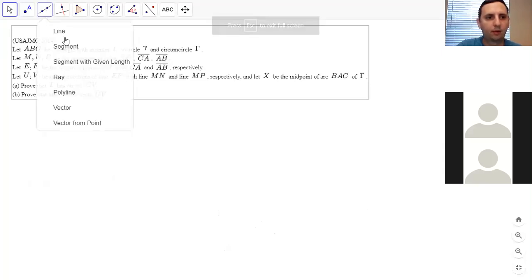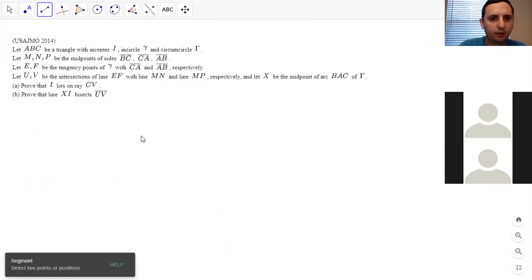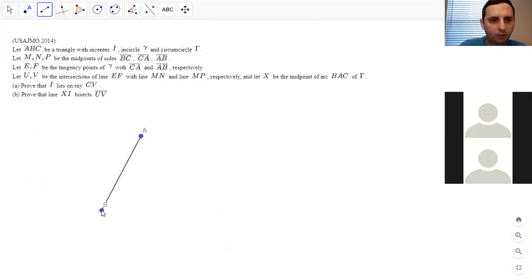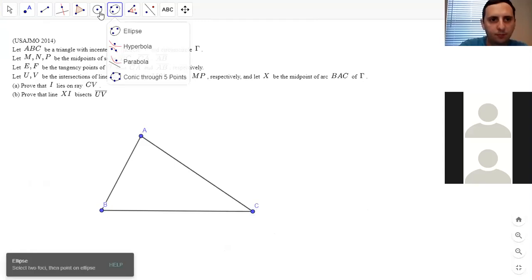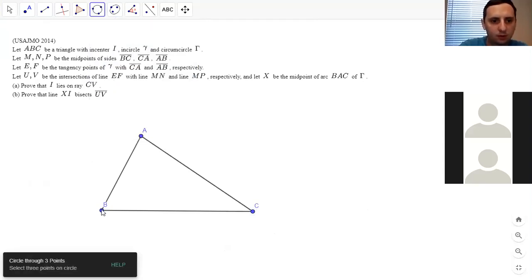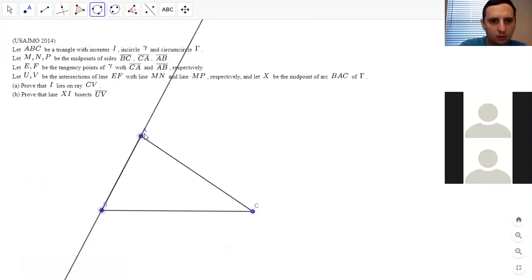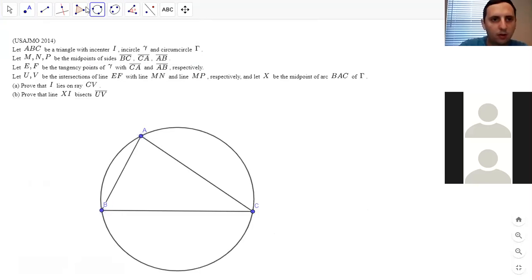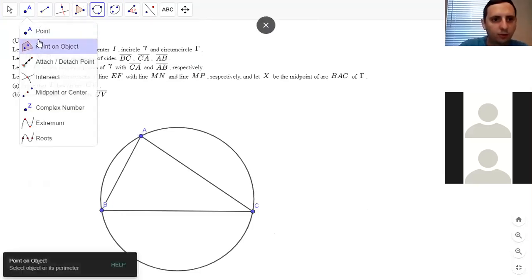2014. So we have a triangle with incenter I and circumcircle gamma. So let's draw this.